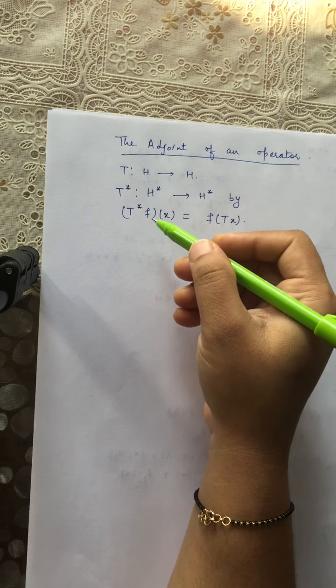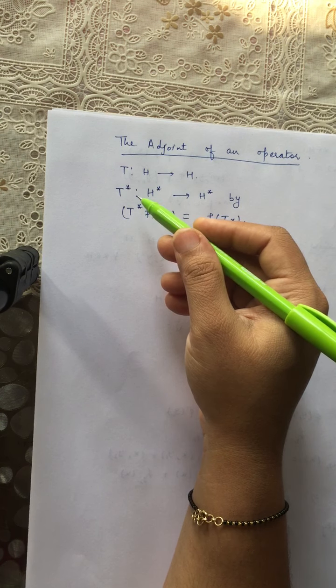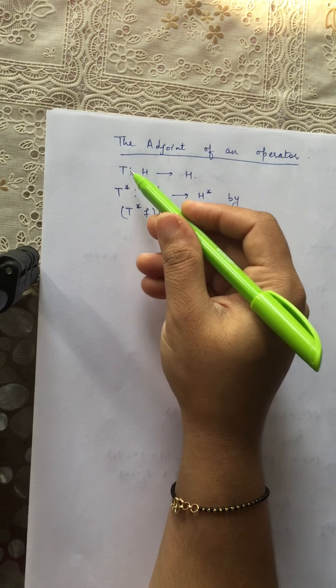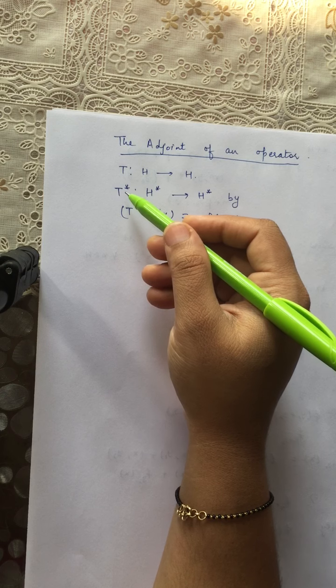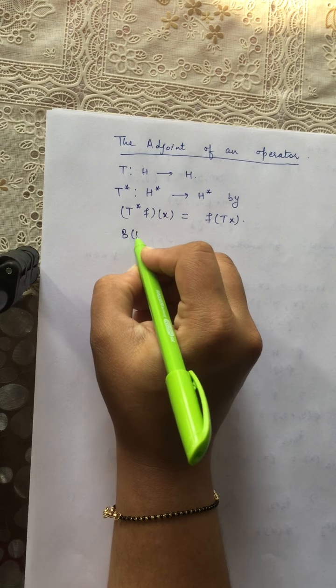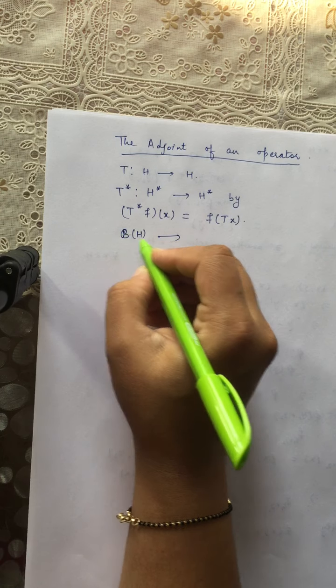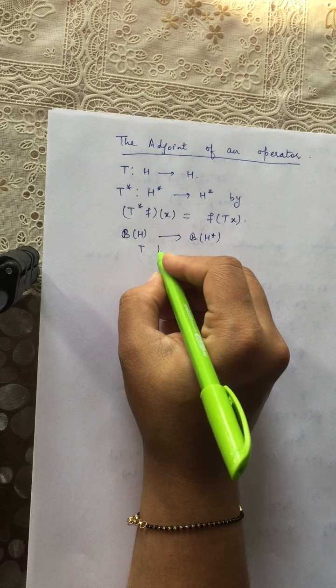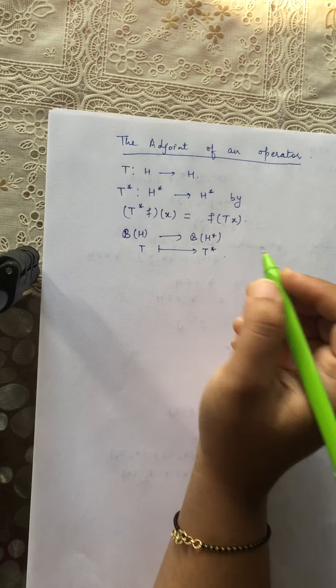We have proved earlier that this T star is an operator on H star, and we have defined the mapping from B(H) to B(H star), which maps T to T star. This is an isometric isomorphism which reverses products.